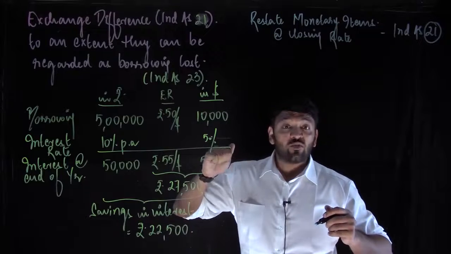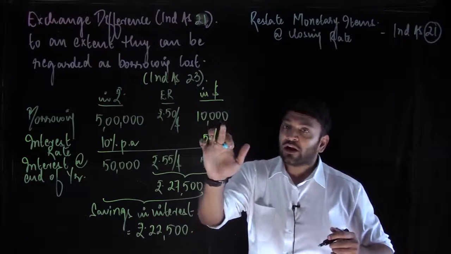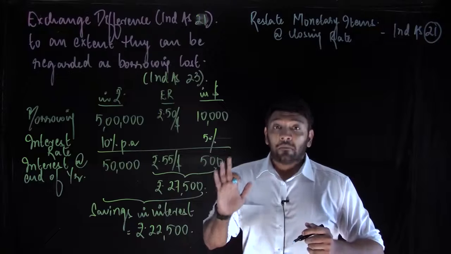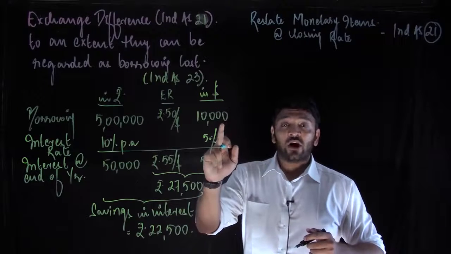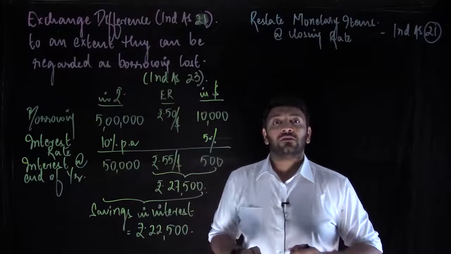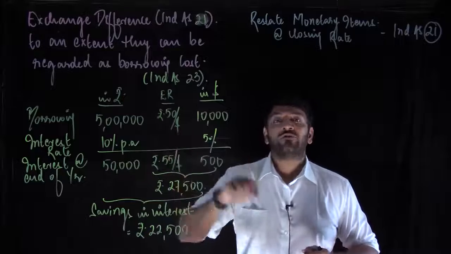With the dollar rate increased, what will you repay? I am not supposed to repay in rupees; I am supposed to repay dollars. How many dollars will you repay? $10,000 I have to repay. But to repay $10,000, today I have to buy each dollar at 55 rupees. When I took the borrowing, it was only 50.